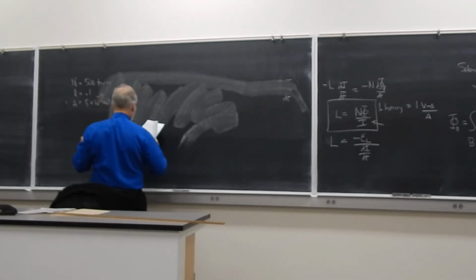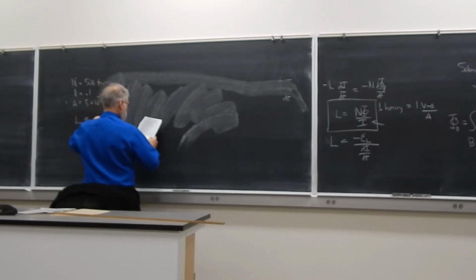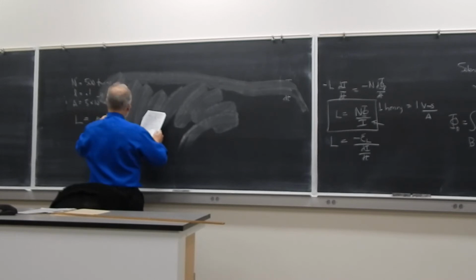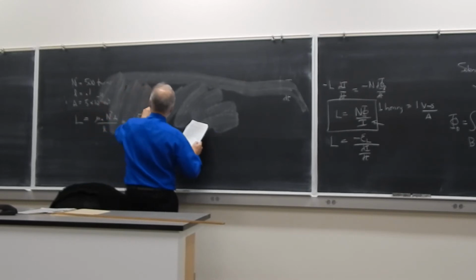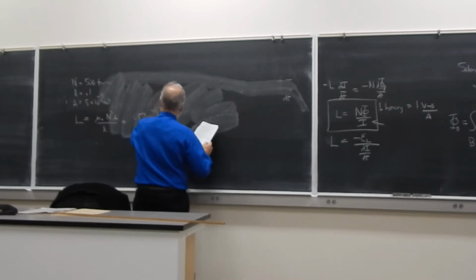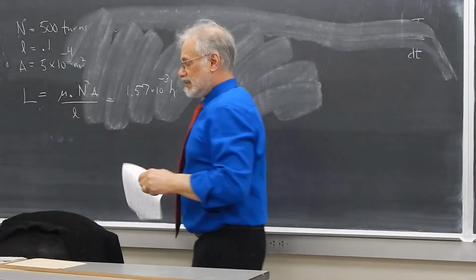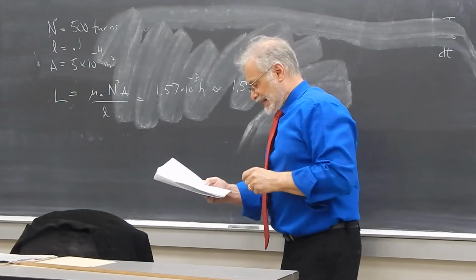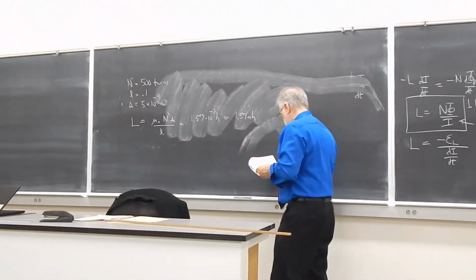That being the case, if I want to find the inductance, that's just going to be equal to mu naught times N squared times A over L. And that will give me, put all my numbers in, 1.57 times 10 to the minus 3 henries, or if you like, 1.57 millihenries. Okay, so that's a very simple example of finding the inductance of a solenoid.